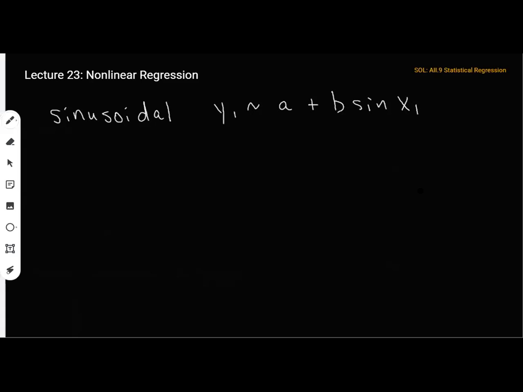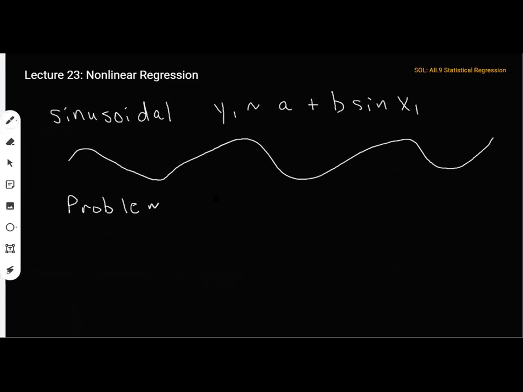So this is going to be our sine function, and when you graph it, it's going to look like a wave, kind of like this. All right, so those are the 5 nonlinear functions we're going to be looking at today.